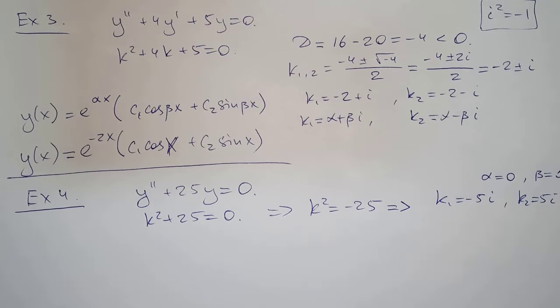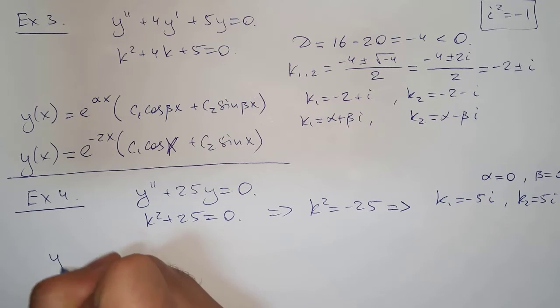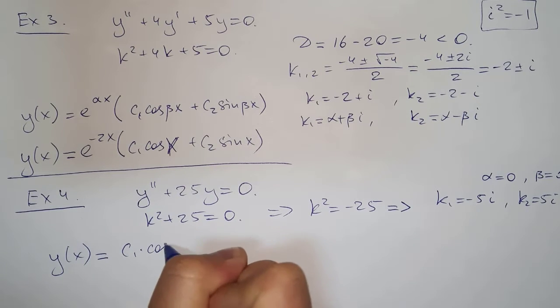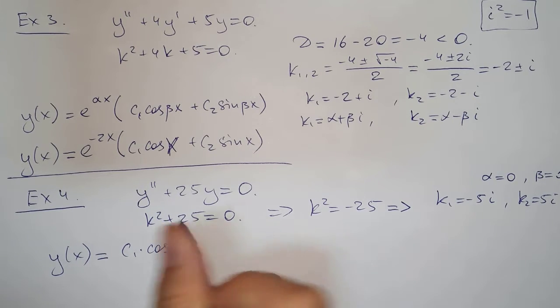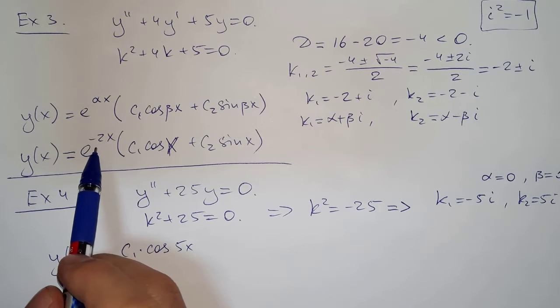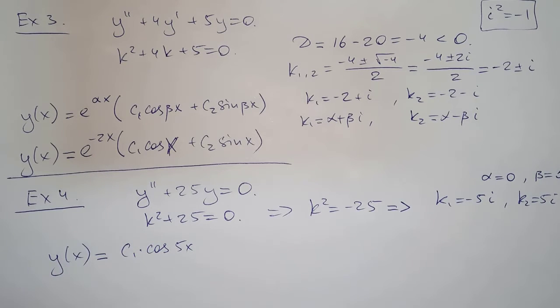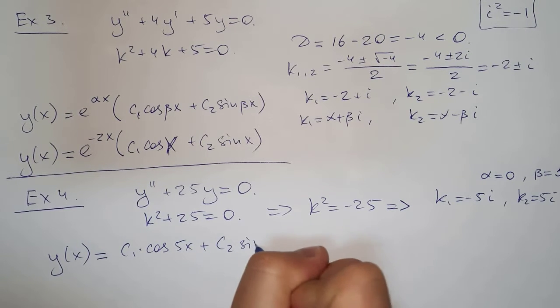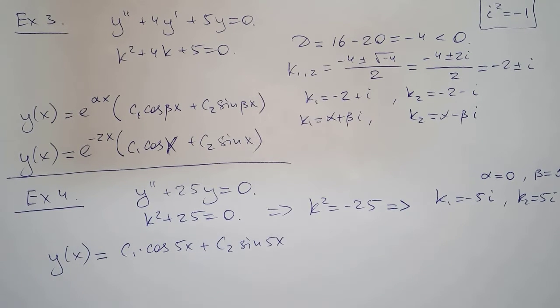So it will be y of x is c1 times cosine 5x, because alpha is 0 and e to the power of 0 will be just 1, plus c2 sine 5x. This is the general solution of our second order homogeneous differential equation.